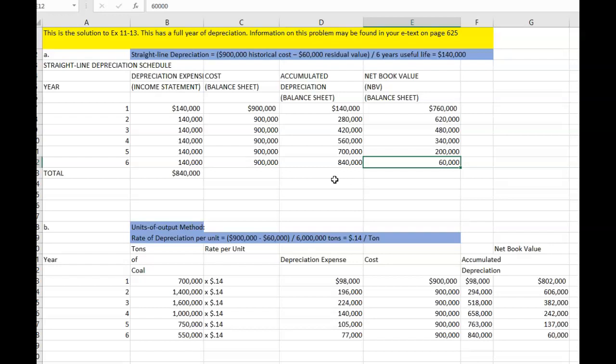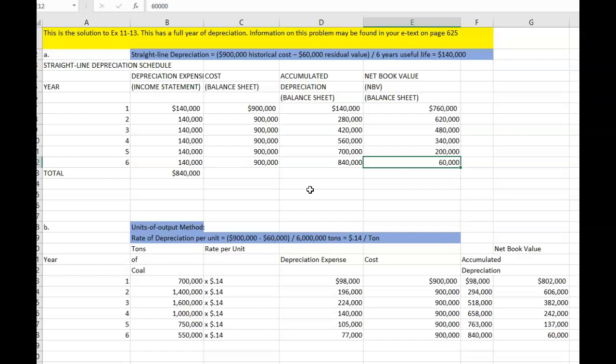Now, units of output. That's an activity-based method. It's actually sometimes more accurate in some ways. Because we have a coal mine here, notice on page 625, they gave you the amount of coal that was actually used for each of the 6 years. But in the beginning, we really didn't know.